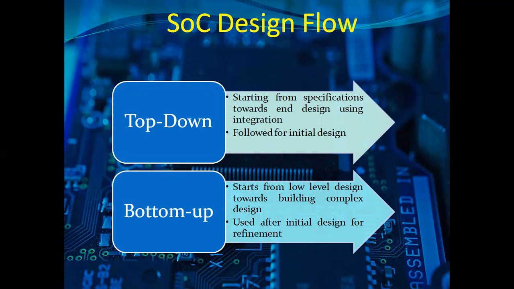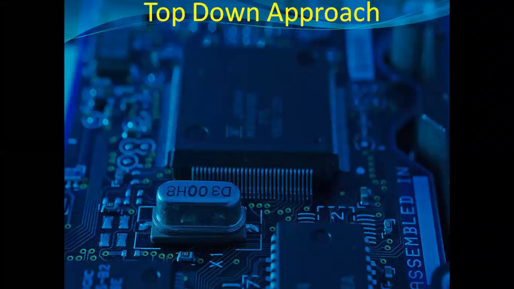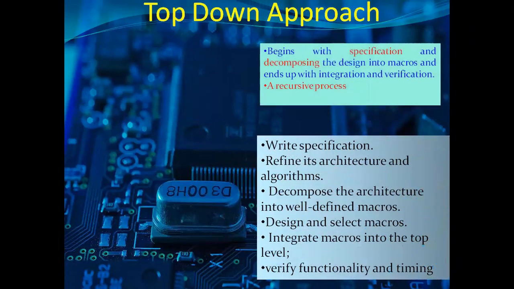So this is generally used in the industry after the initial design for the refinement process. So as such, the bottom up approach is not used single handedly. It is used along with the top down for implementing the current flow. So let's just see what is the top down approach.